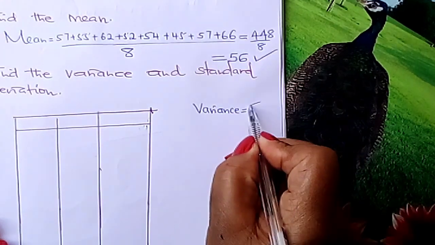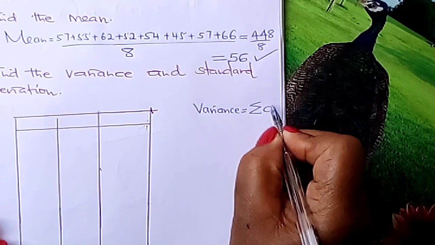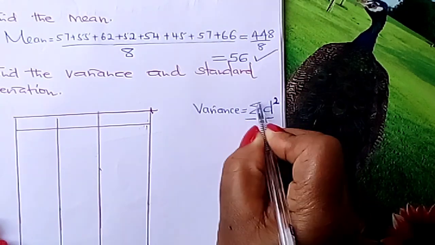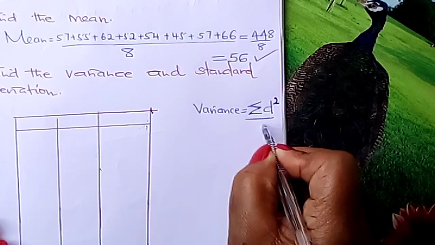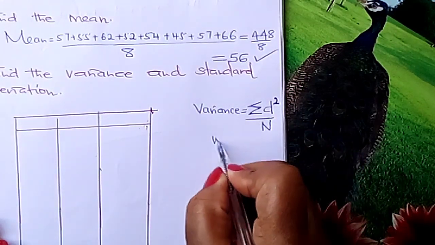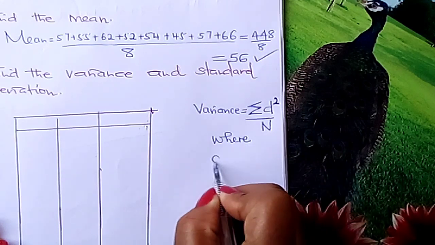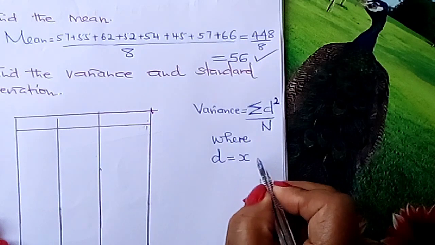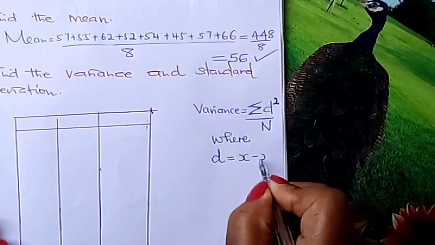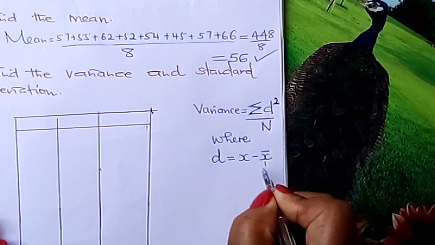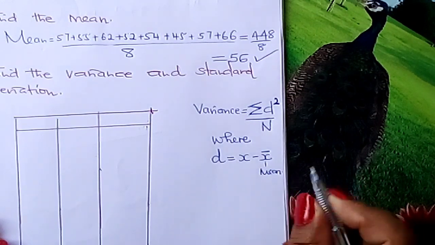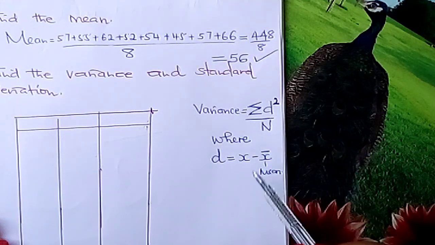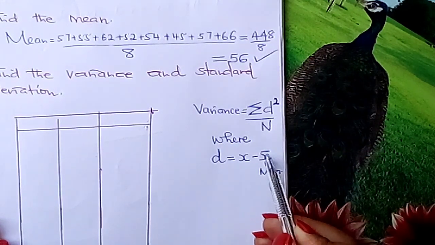The formula is the sum of d squared over n, where d is what, learner? Where d is x, each of the values that you have there, minus x bar. X bar means mean, learner, the mean that you've just calculated up here. Its symbol is x bar.